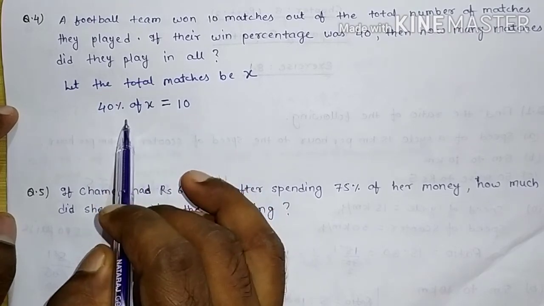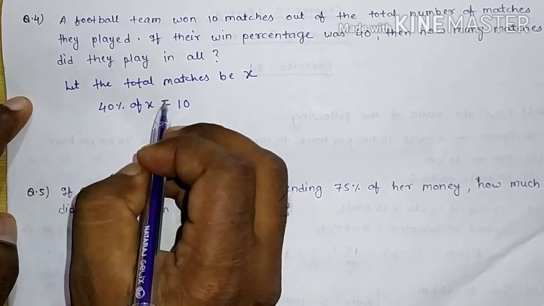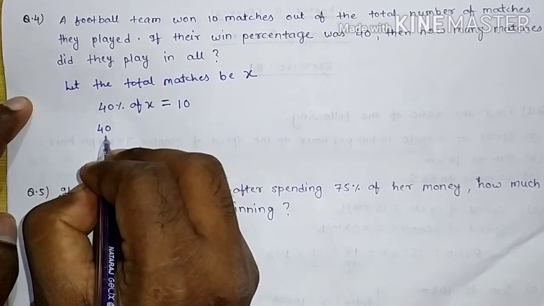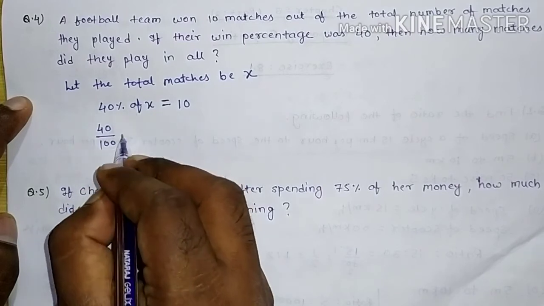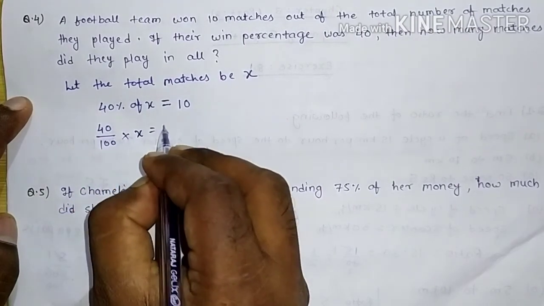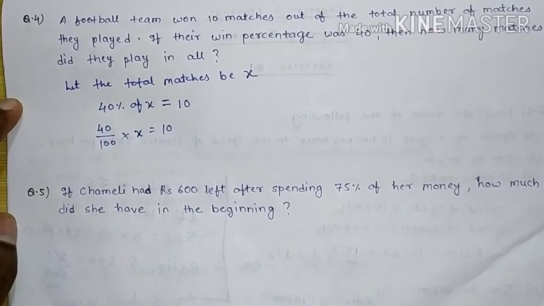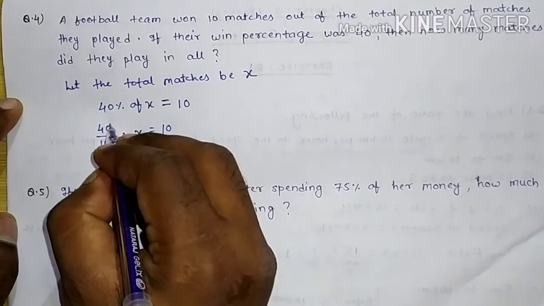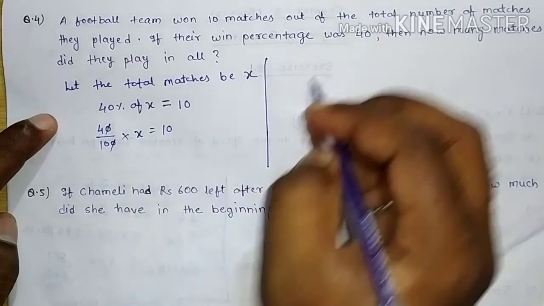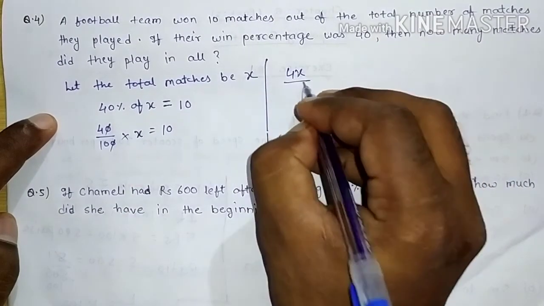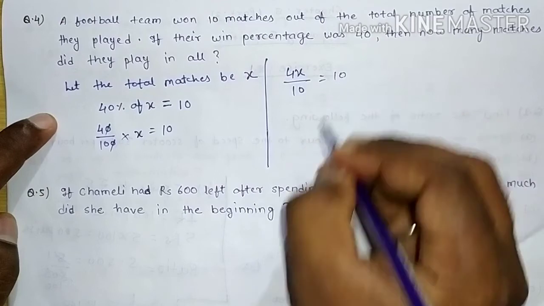Now just simplify this. So 40% of X, so here we can write 40%, so 40 upon 100. Of means multiply, and this is X equals 10. Now 0 and 0 cancel out. So 4 into X, that is 4X, divided by 10 equals 10.